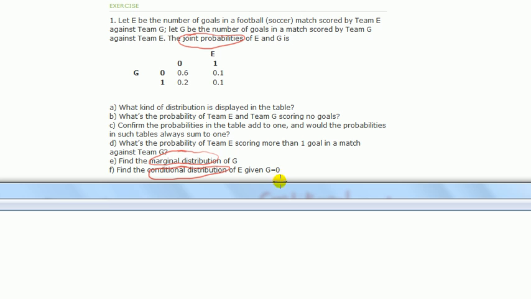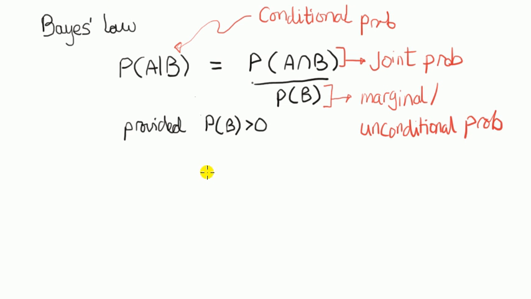Let's focus on the jargon used. We've got joint probabilities, marginal distribution, conditional distribution. To explain those phrases, let's look at something called Bayes' law, otherwise known as Bayes' theorem or Bayes' rule.